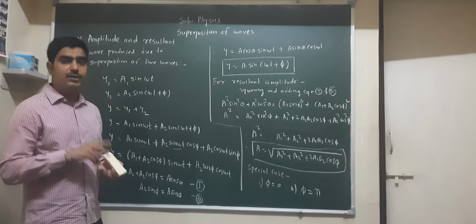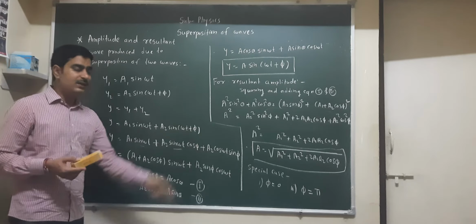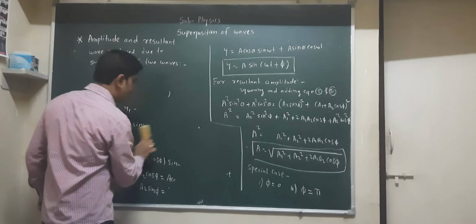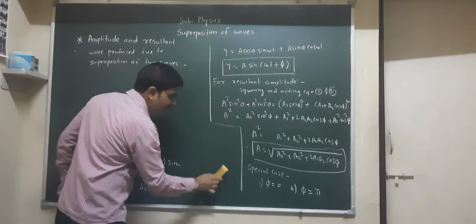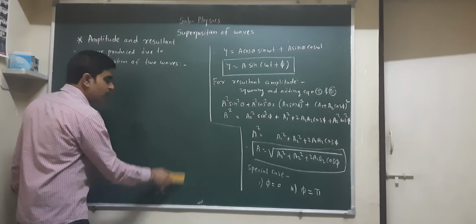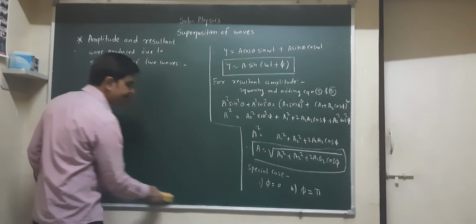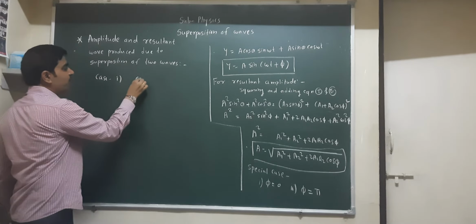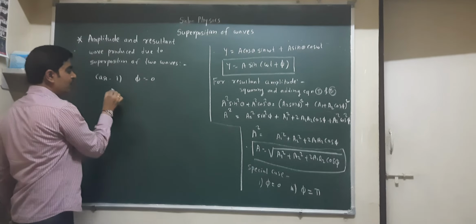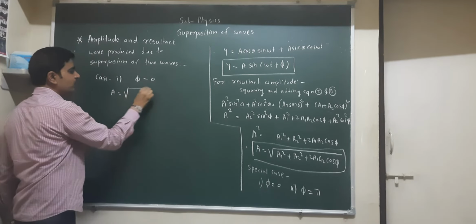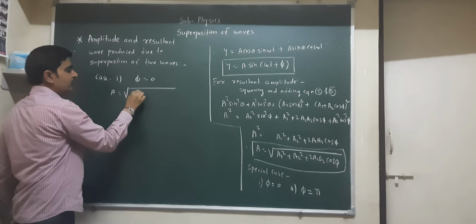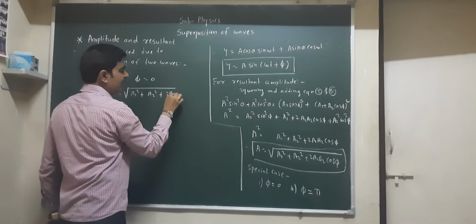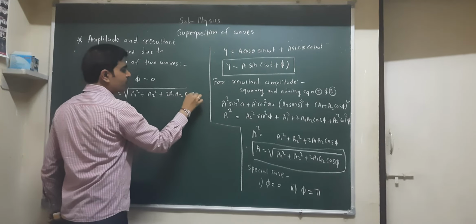Friends, here we have to consider two special cases regarding the resultant amplitude. So what are these two cases? Case 1 I have already written there, that is phi is equal to 0, and case 2 phi is equal to pi. Okay, so case 1, phi is equal to 0. So the resultant amplitude will become A is equal to under root a1 squared plus a2 squared plus twice a1 a2 cos of 0.